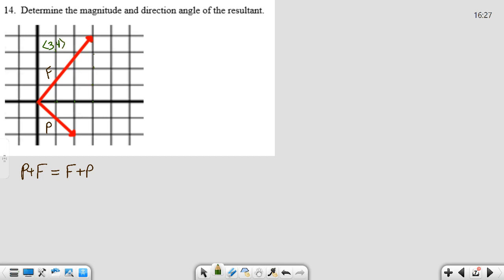So if I start at P, its terminal point, and I travel to the right 3 and up 4, this would be adding vector F. So my resultant will go from the beginning of P to the end of F. And that lands me at the point 5, 2. Those are the horizontal and vertical components of the resultant.